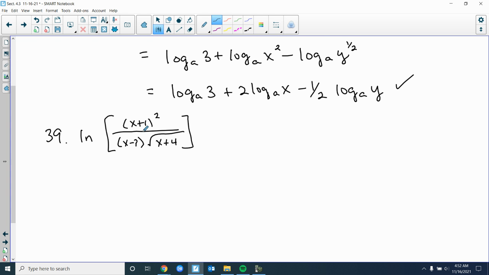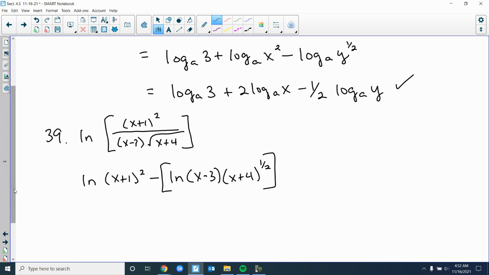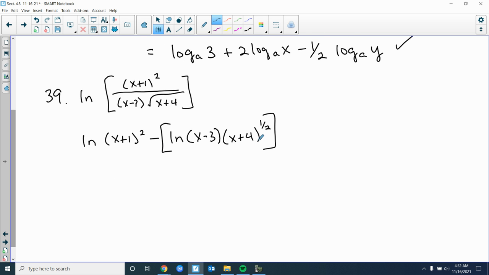Well, I'm going to start with breaking up the quotient as a subtraction problem. So you have the natural log of x plus 1 squared minus the natural log of x minus 3 times x plus 4 to the 1/2 power. Now we are subtracting this whole thing, so you have to think of that as being in parentheses, because this is a product and it's going to split apart, and we have to make sure the minus goes to both parts.